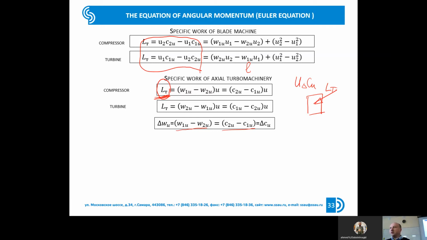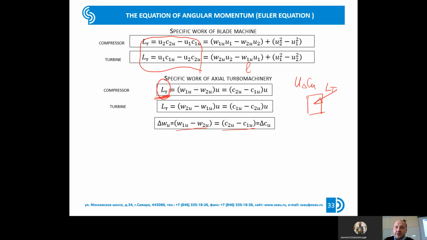It's because we have losses at each step. For you, it's the most important idea here. You need to understand that this specific work is the specific work on the blades. You extract from the flow or you transfer to the flow this energy using blades.